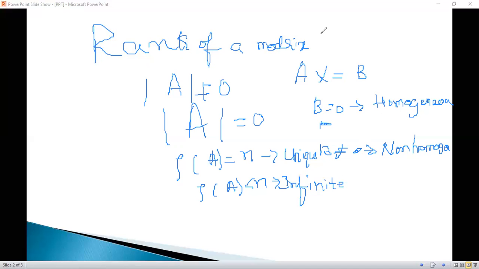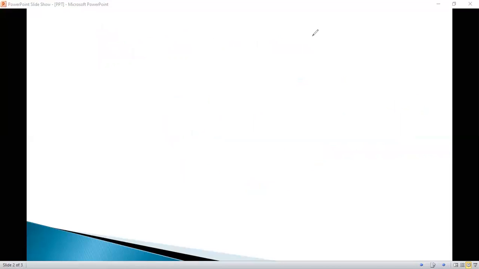After that, we discussed non-homogeneous system of linear equations. In this one, first you have to find the rank of the augmented matrix.